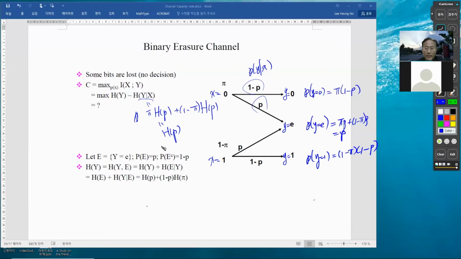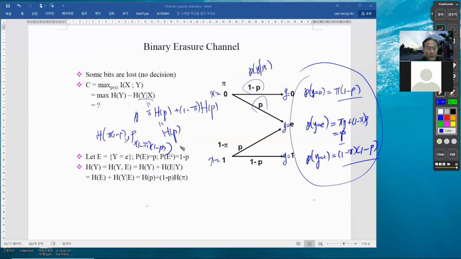Okay, and for h of y, the expression is given right here. So you can have h of y with respect to this distribution. So we can say the entropy on pi times (1 minus p), p, and (1 minus pi) times (1 minus p), minus h of p.